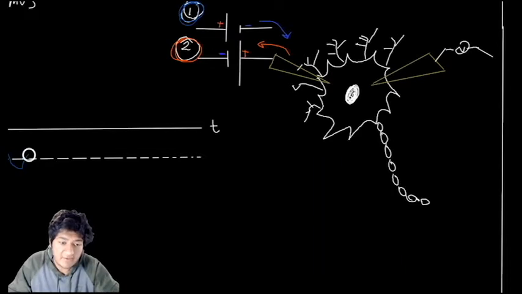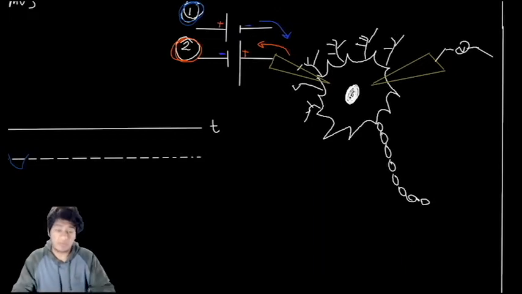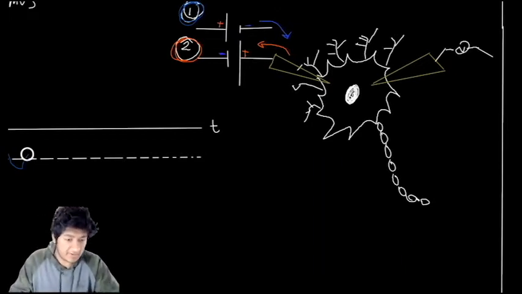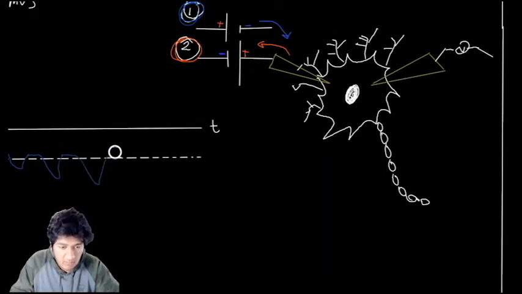And if I start stimulating it more and more with a larger amount of current, or basically a stronger battery with more voltage, I'm going to see an increase in how negative it gets. Slowly it's going to go even more negative, and you get the point.